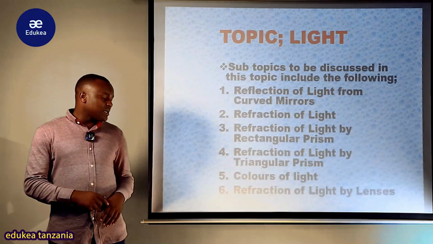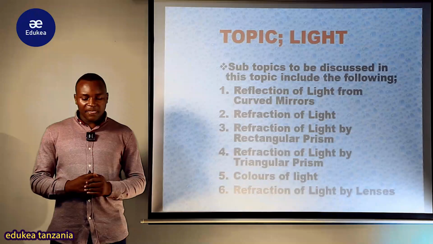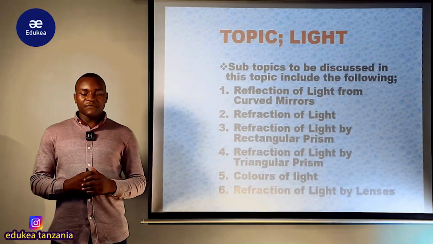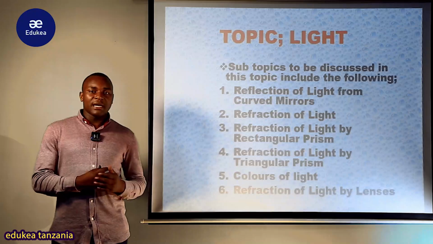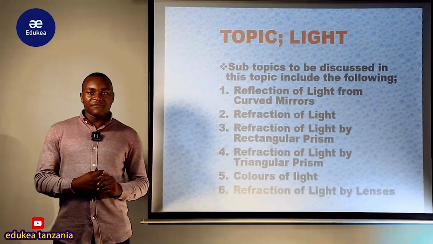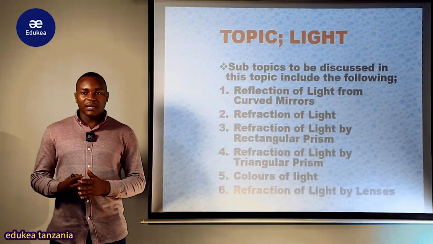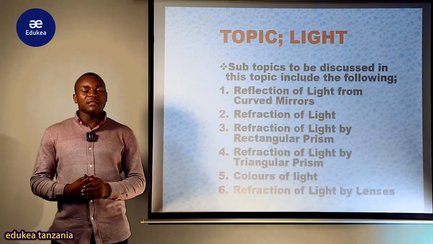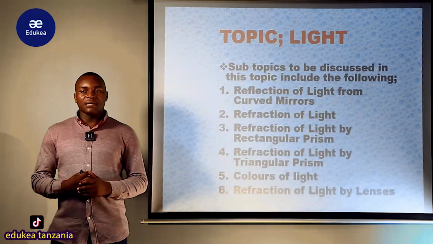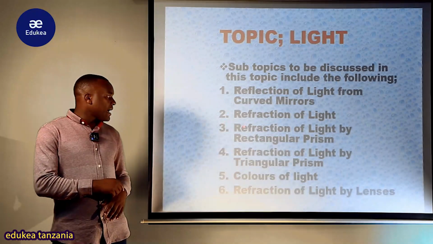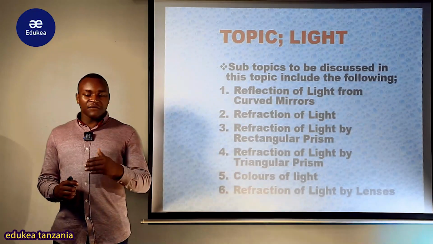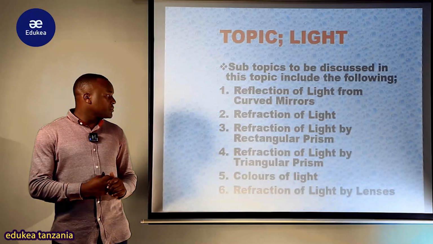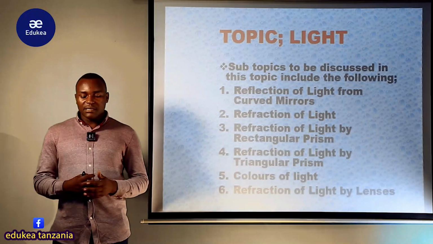Baada ya hapo tuliangalia subtopic number 6 inaelezea refraction of light kwa kupitia lens, kwamba kwa namna gani lens inaweza kufanya refraction of light. Tukaangalia how we can locate the image formed katika lens. But also baada ya hapo tuliangalia subtopic ya 3, refraction of light kwa kutumia rectangular prism, na tukamaliza.